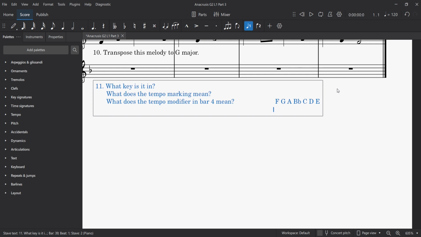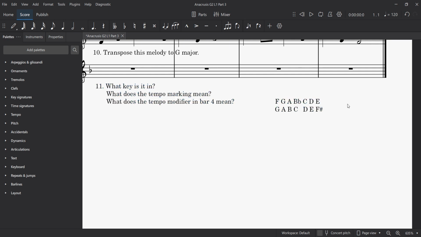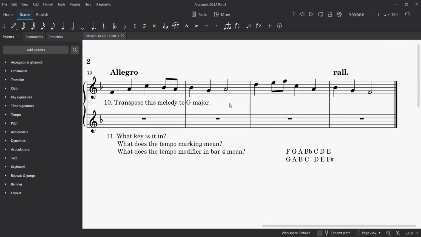So we want to get to G major, so therefore the notes of G major are G, A, B, C, D, E, and F sharp. Fantastic. Okay, now that we have our grid, we can just cross-reference it and transpose it across.